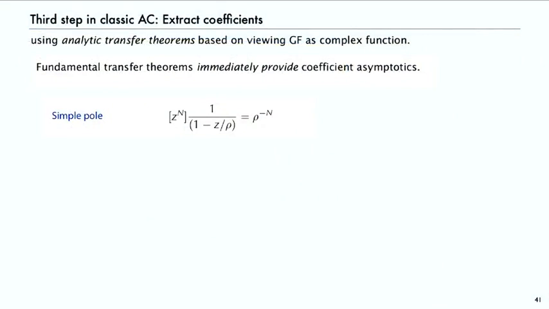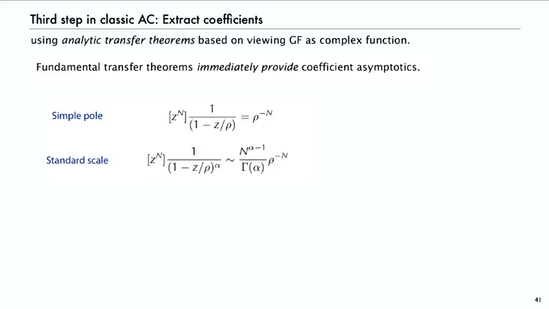For example, even in real analysis, but also in complex analysis, the coefficient of z to the n in 1 over 1 minus z over rho, so that's got a pole at rho, is rho to the minus n. Sum of z to the n, rho to the minus n. So that's easy. But we can do much, much more.